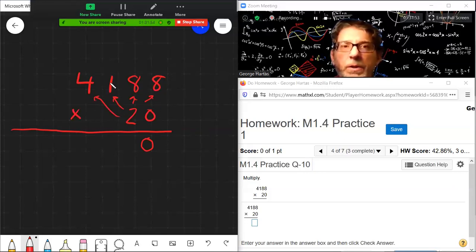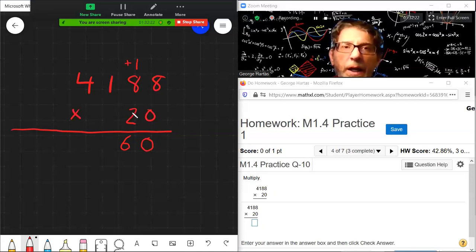You're going to start by multiplying with the ones digit, then the tens, the hundreds, the thousands. Here we go. 2 times 8 is 16. We're not going to fit 16 here. We can only put one digit down here. So put your right-hand digit down here and your left-hand digit over the next column.